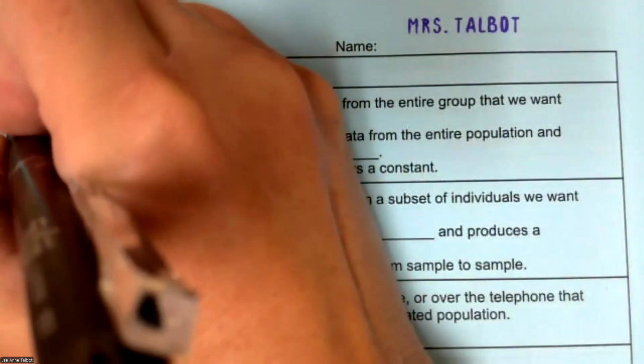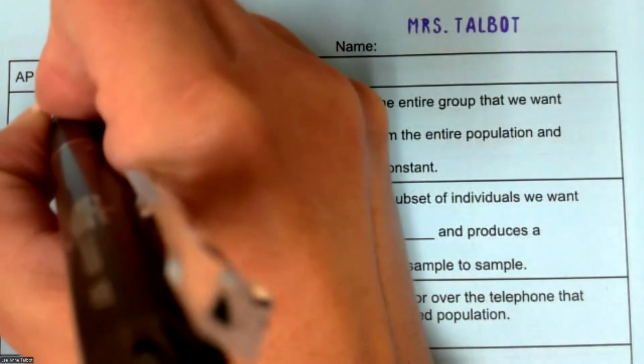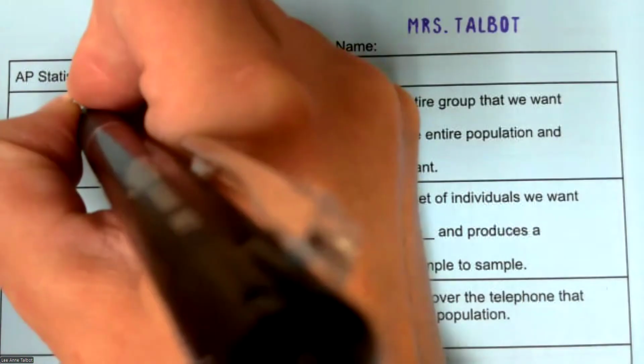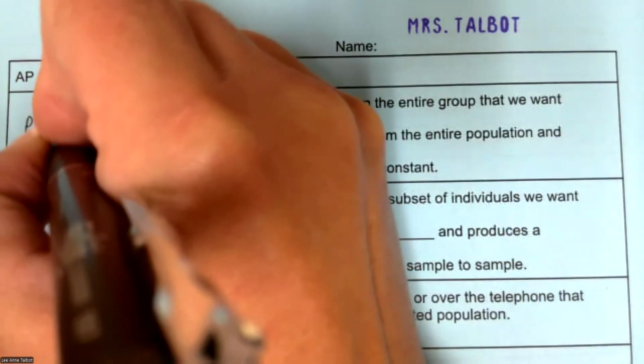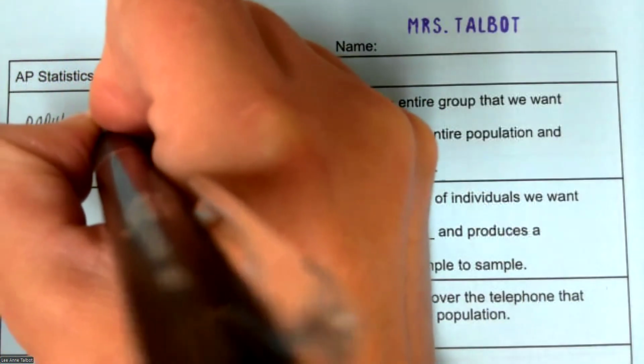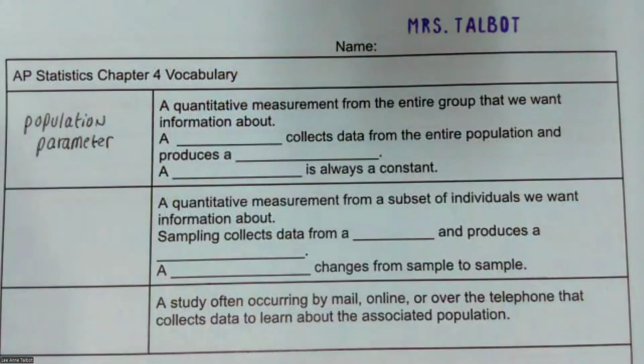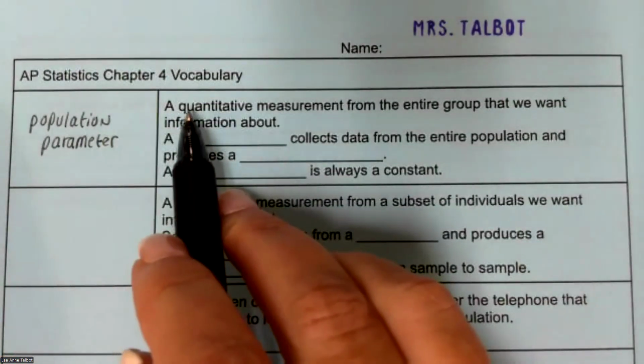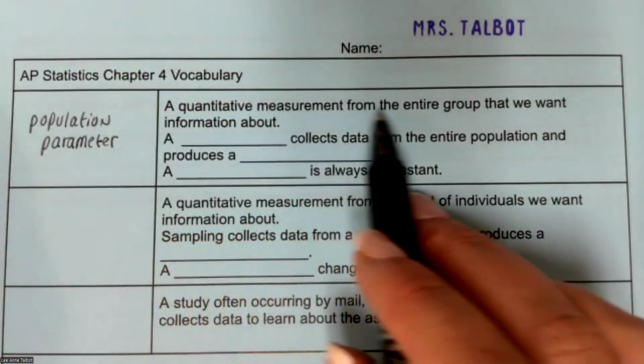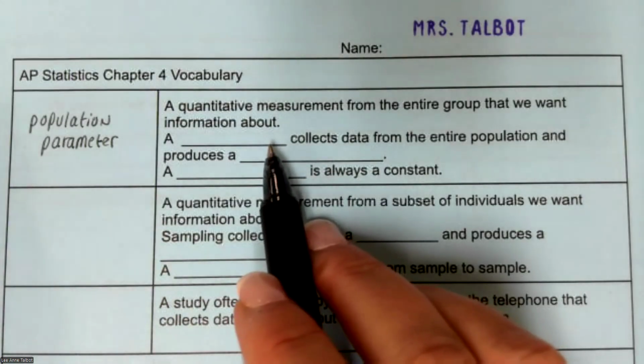So we need to learn the words population parameter. Population parameter is a quantitative measurement from the entire group we want information about.